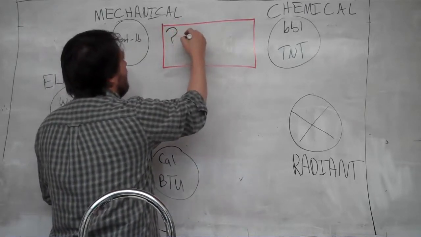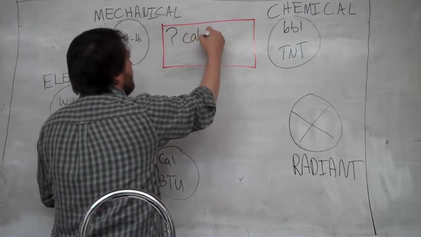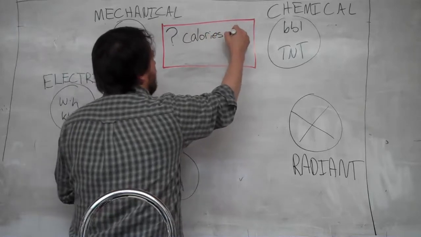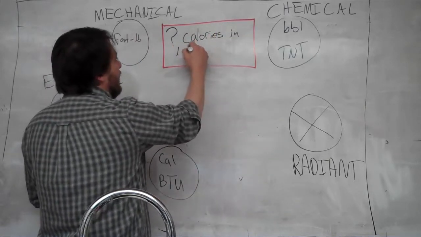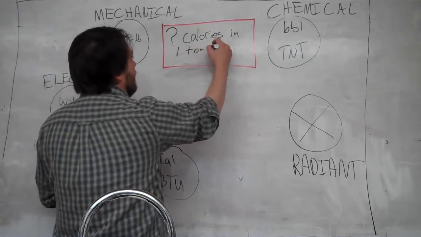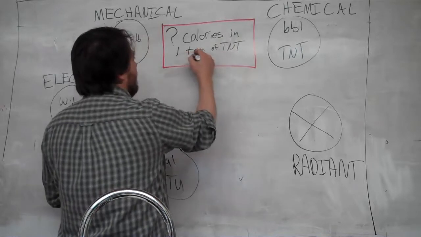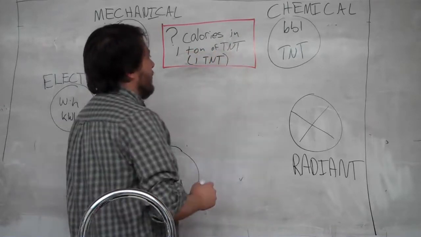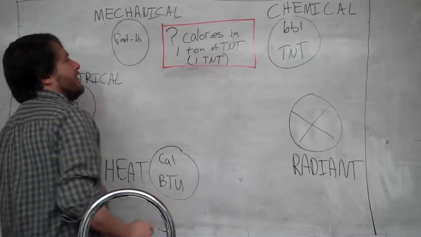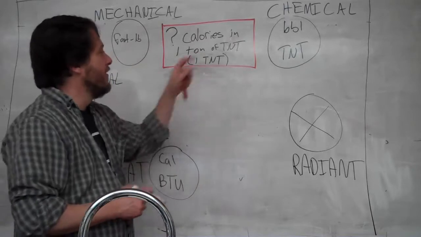How many calories in 1 ton of TNT, or 1 TNT? Remember, the abbreviation TNT stands for ton of TNT, even though the abbreviation TNT actually stands for trinitrotoluene.